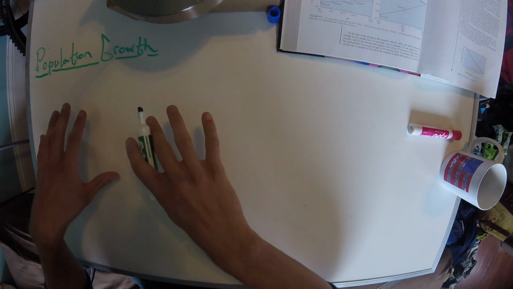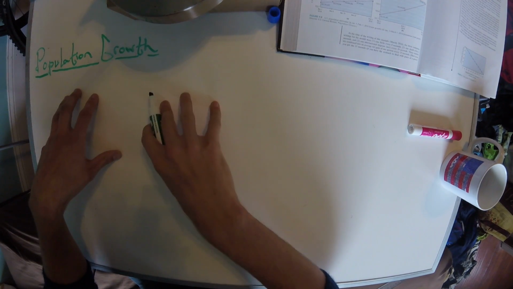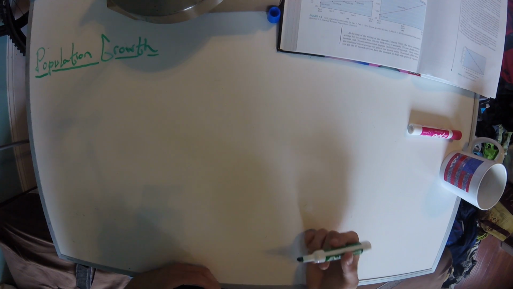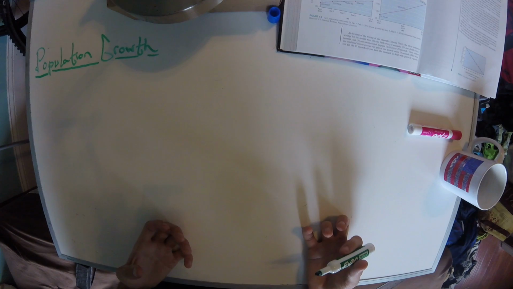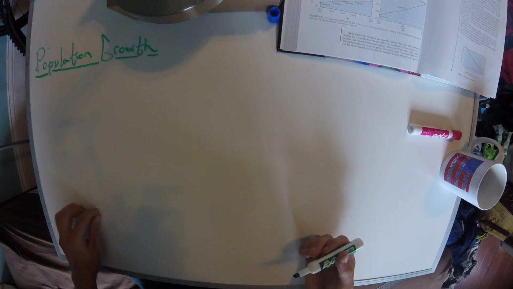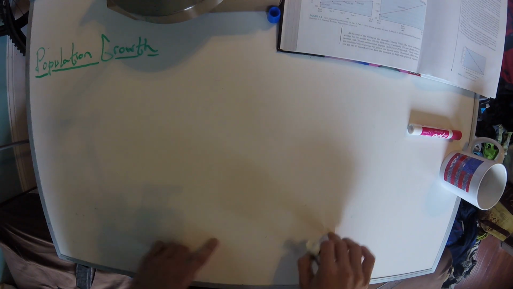So we're going to talk about linear growth and exponential growth today, and you'll find that these two concepts are very similar to the interest story, the financial stuff. And you might be wondering why we're doing it in this order and it doesn't really make sense. I would argue that it does make sense.